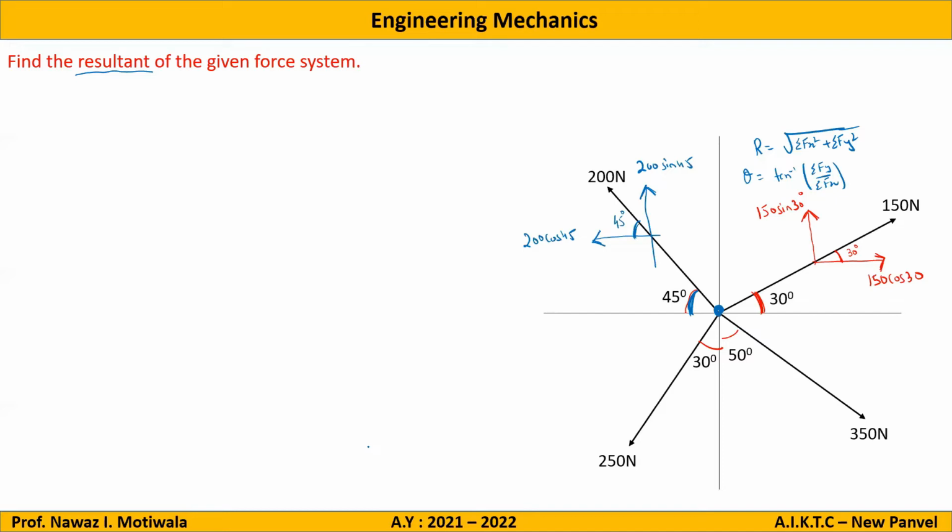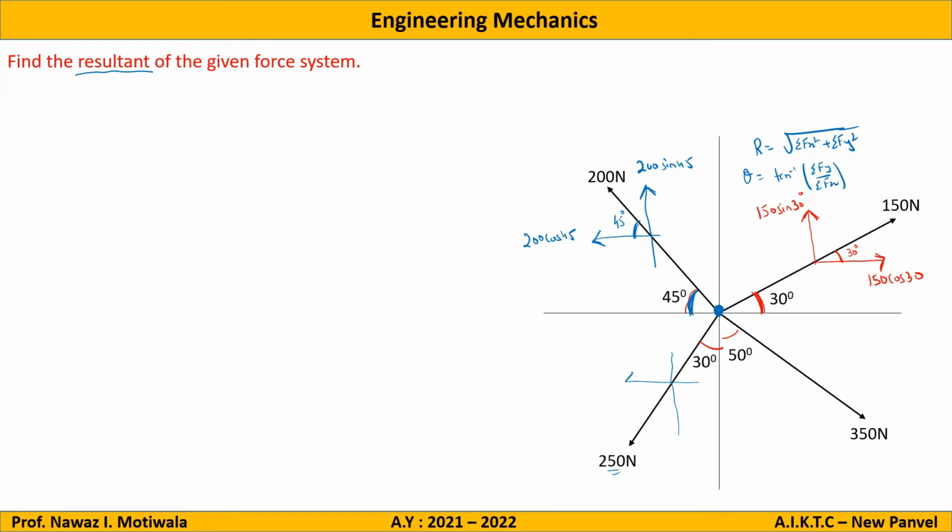Now let us target the third wicket. Third wicket is this one, 250 Newton wala force. So again, I will make one line parallel to x, one line parallel to y. Now, what can you say about the directions? Both left and downward. It is going towards left and downside.